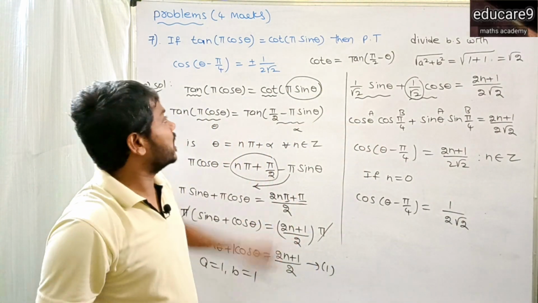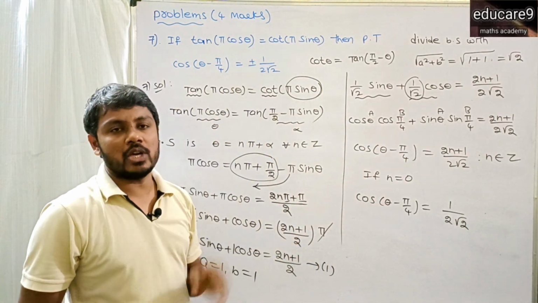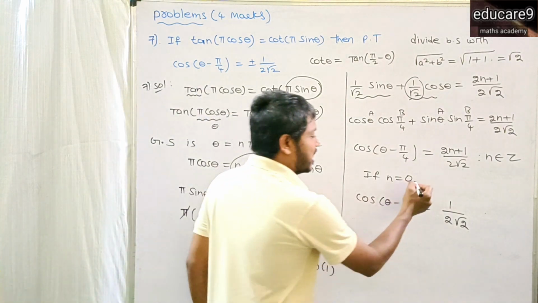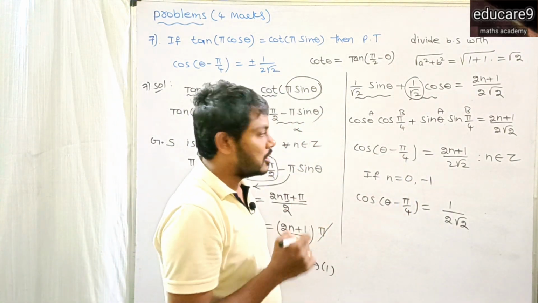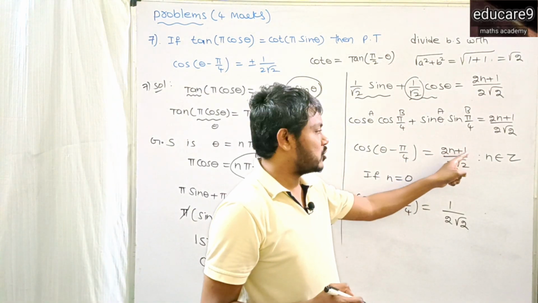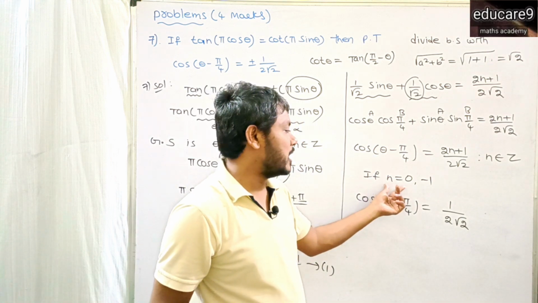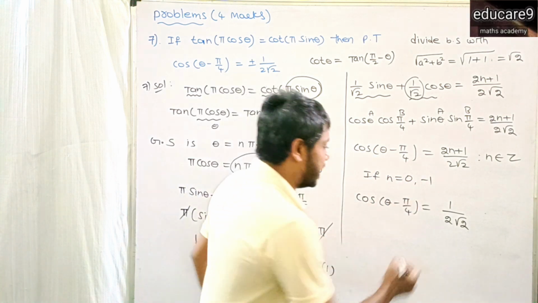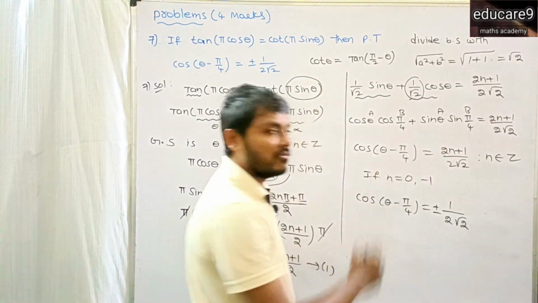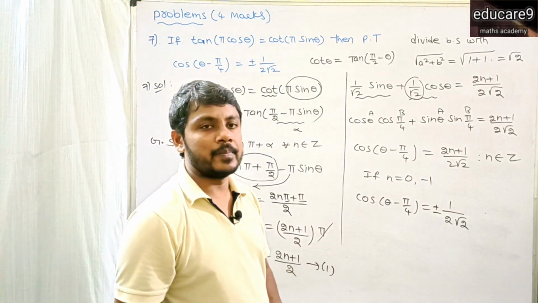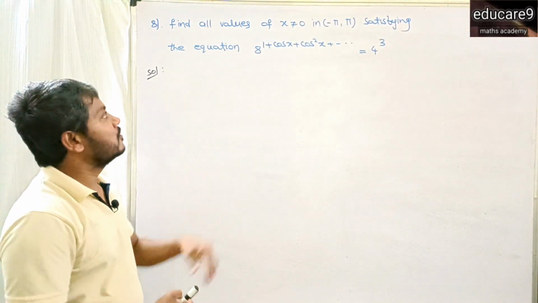And one more, you want minus 1 by 2 root 2 also. For that you can consider n as minus 1. 2 into minus 1, minus 2 plus 1. That is minus 1 by 2 root 2. It means for n equal to 0 and minus 1, you will get plus or minus 1 by 2 root 2.